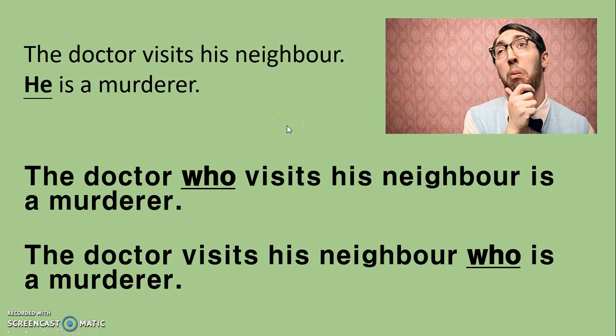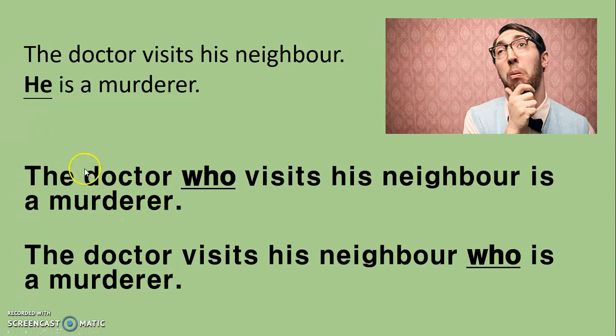Let's look at these 2 sentences. What's the difference? You are right. In the first example, the person who kills is the doctor. The doctor who visits his neighbor is a murderer.